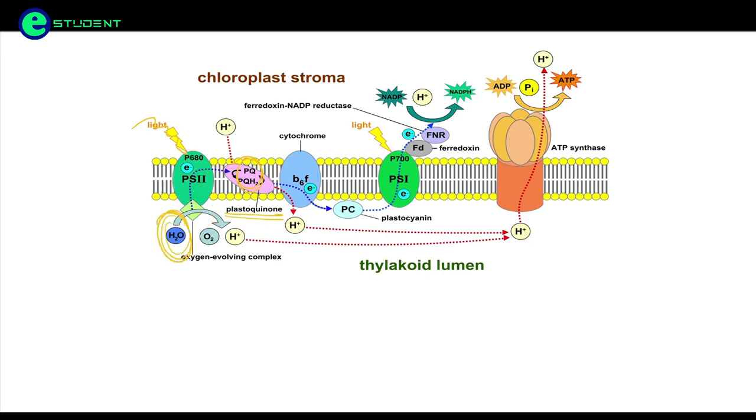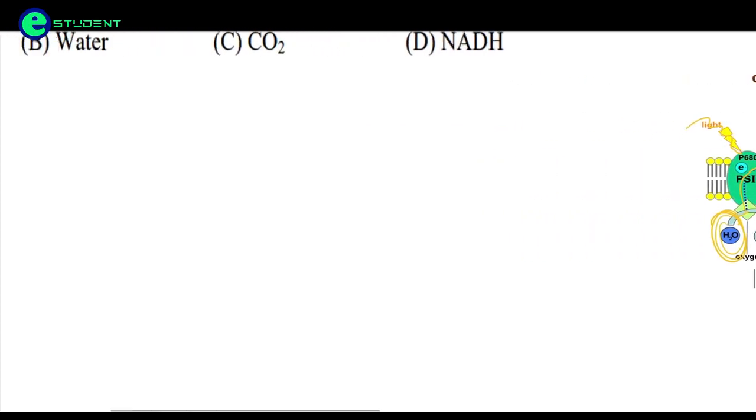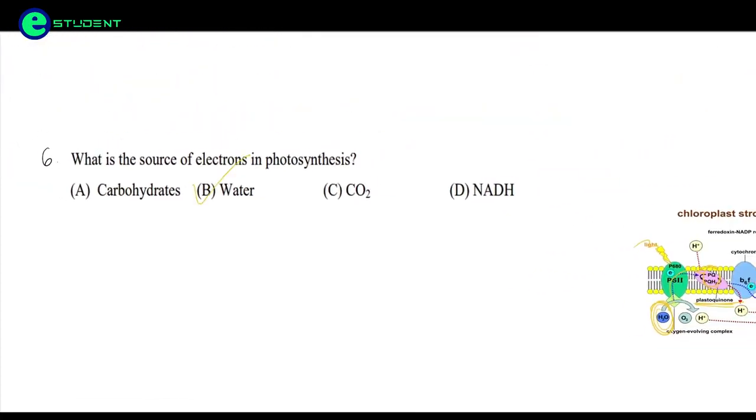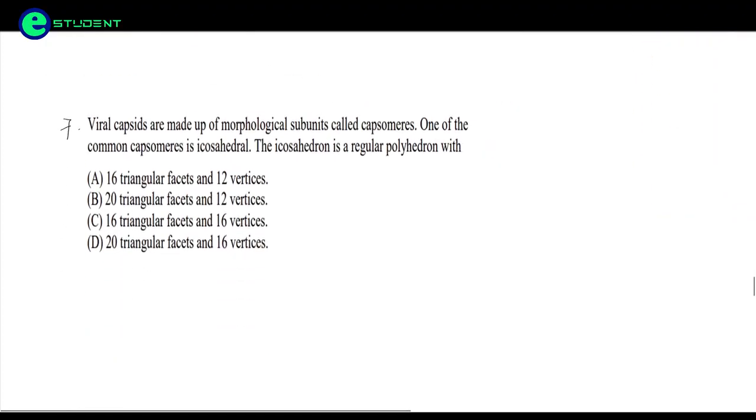So the electrons from the water get excited and are transported to the plastoquinone. So the correct option is B. This is also a very easy question. We know that the main source of electrons in photosynthesis is water. Coming to the next question.